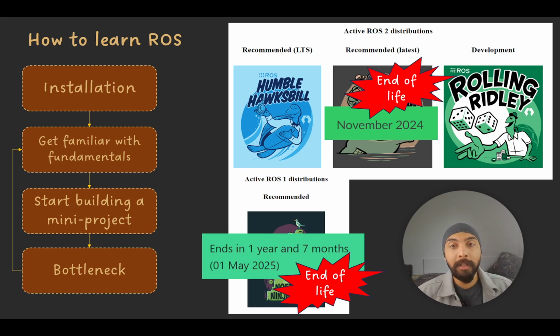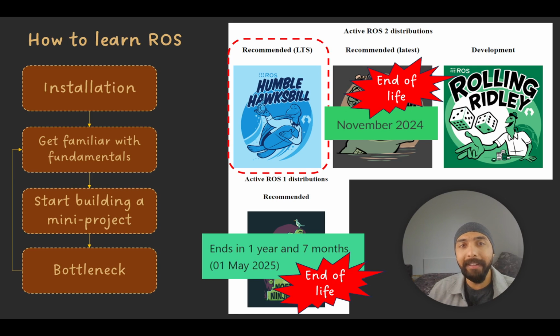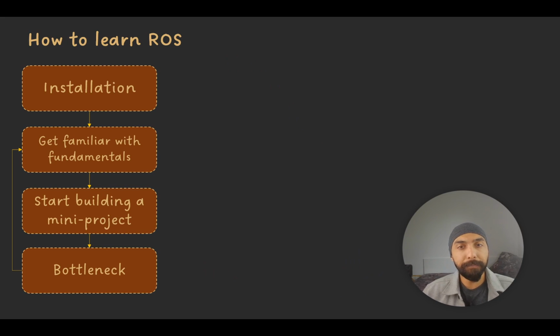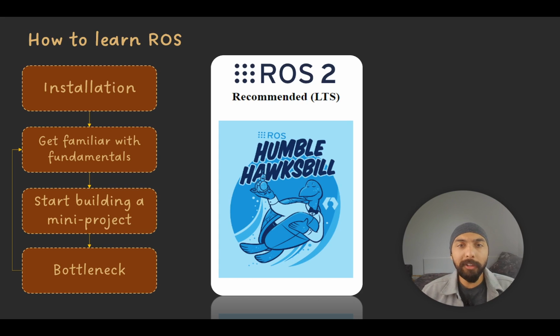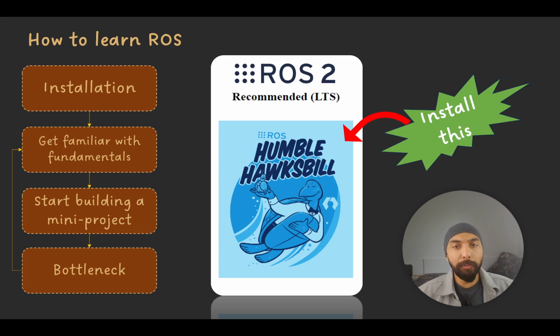So ROS 1 would lose its support altogether, and that is why I recommend that you install and stick with ROS 2, and that too Humble Hawksbill. At least this is the version that is the latest and that has long-term support for now. So stick with ROS 2 Humble Hawksbill.